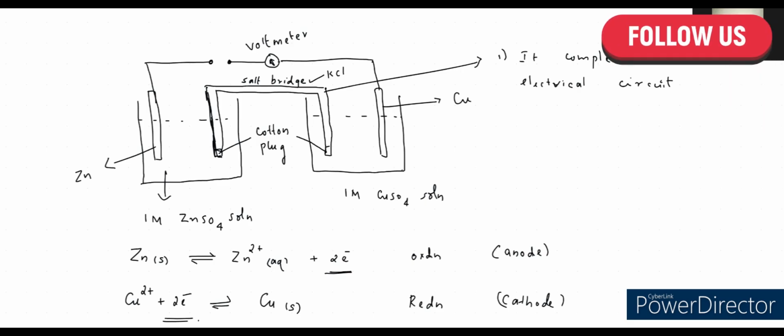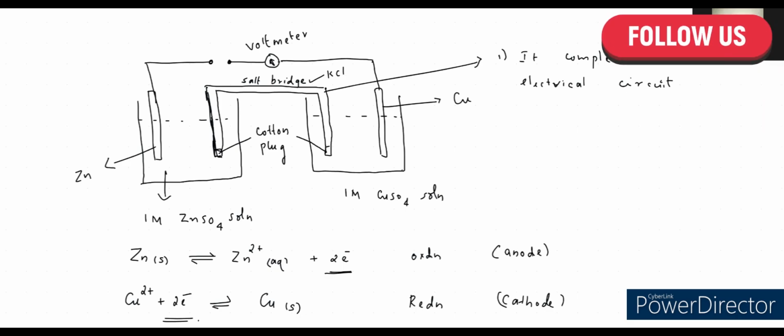That means the concentration of positive ions is increasing in ZnSO4 solution. At the same time, on the other side, you are consuming Cu2 plus ions. Cu2 plus is becoming Cu. So the concentration of Cu2 plus ions is becoming less at the cathode side.